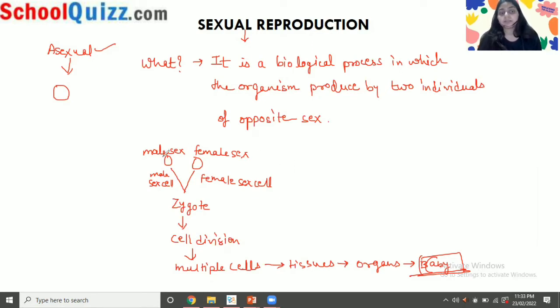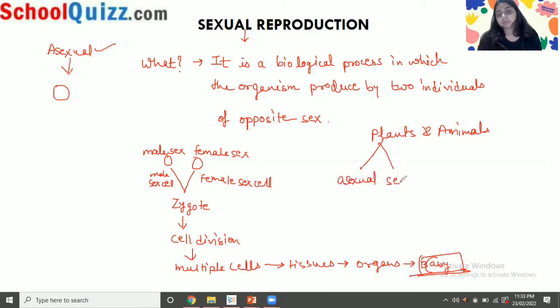In this there will be a male sex and a female sex. Examples of sexual reproduction: it happens in plants and animals both. In plants there is asexual and sexual both.